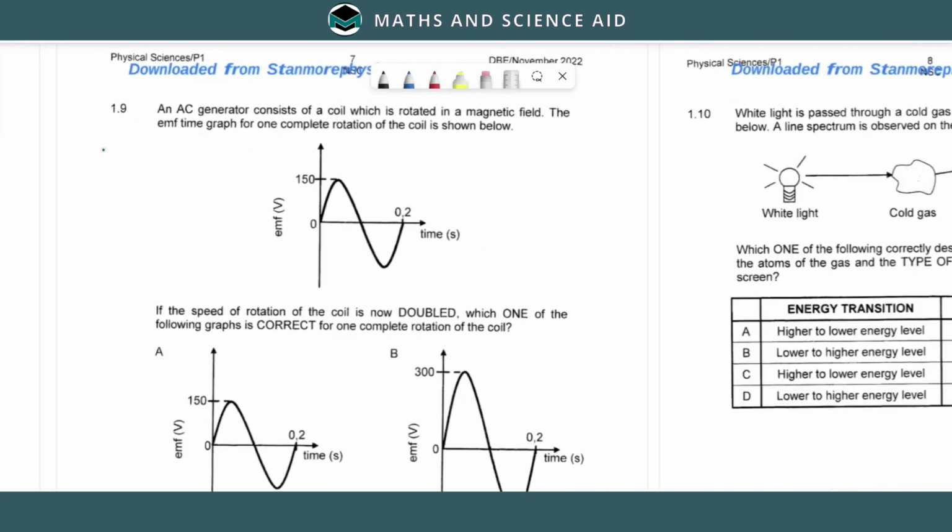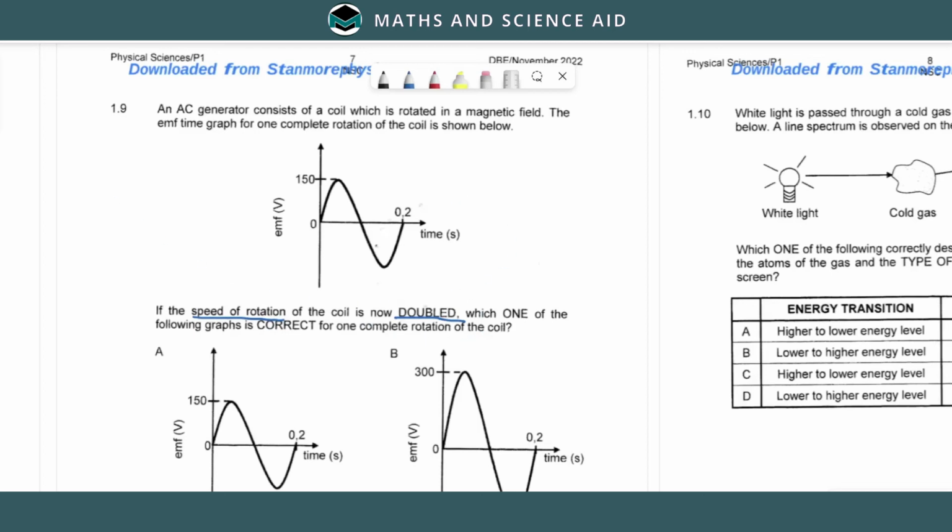And now 1.9 says that an AC generator consists of a coil which is rotated in a magnetic field. The EMF time graph for one complete rotation of the coil is shown below. If the speed of rotation of the coil is now doubled, which one of the following graphs is correct for one complete rotation of the coil?